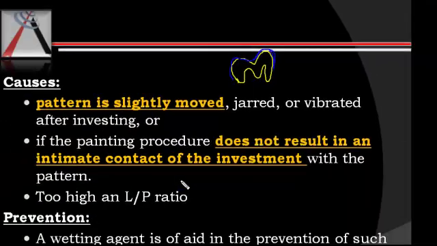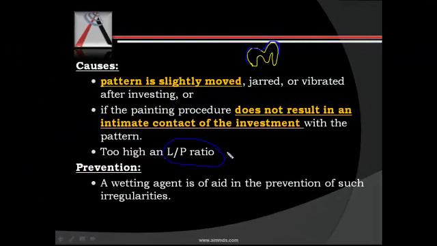Further, if there is too high a liquid powder ratio of the investment, there is again a tendency of the formation of the water film which may form ridges or veins. This term ridges or veins is important because there are MCQs asked on that. And how do we prevent the formation of such a gap or the water film?